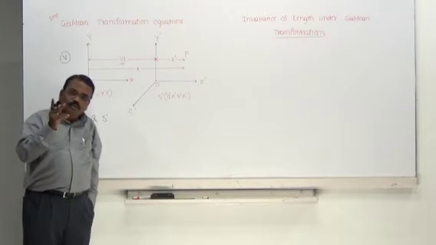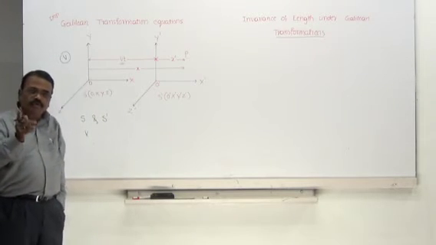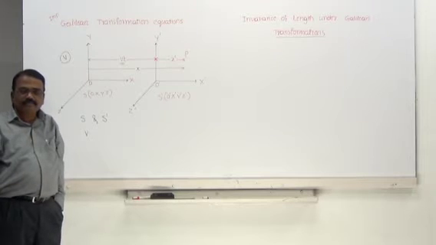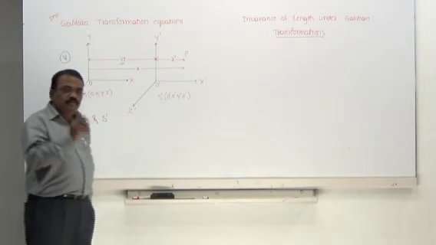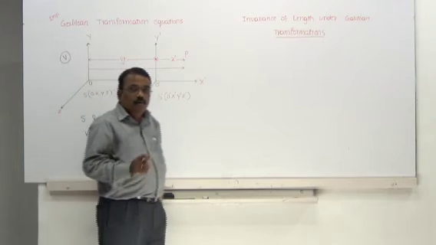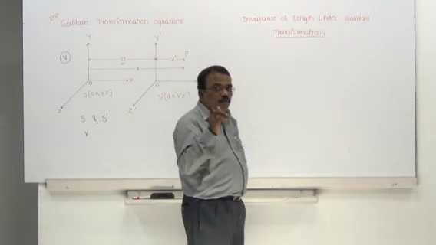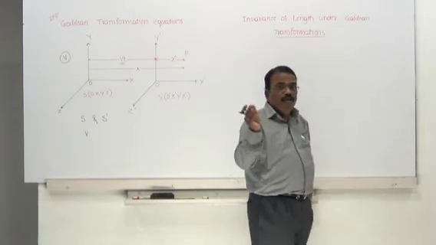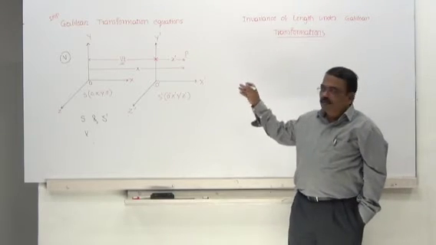Is the time shown by the two clocks in the two frames of reference the same or different? It must be the same, because time is an absolute quantity. Invariant. Invariable.